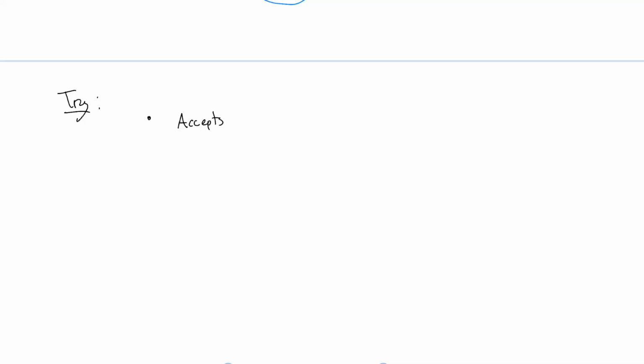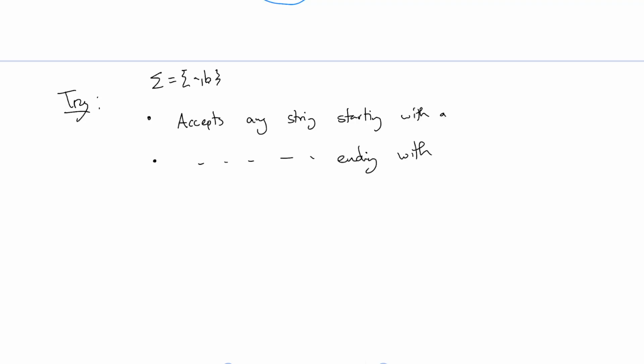Each time make me a DFA, and for all of these I want the alphabet to be A's and B's. The first one accepts any string starting with A. The second one, any string ending with A. The next one, any string starting and ending with A. See where I'm going with this?